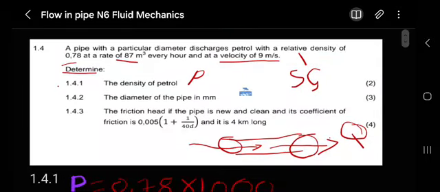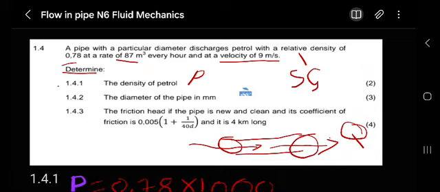Now we want to find Q. We're given Q to be 87 cubic meters per hour, but it must be in cubic meters per second.